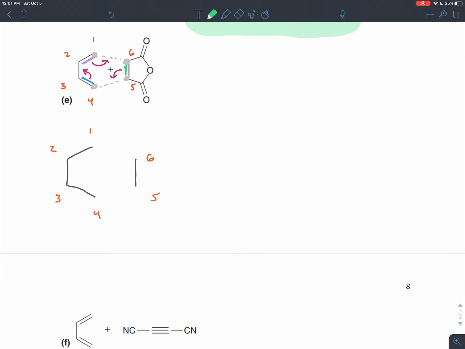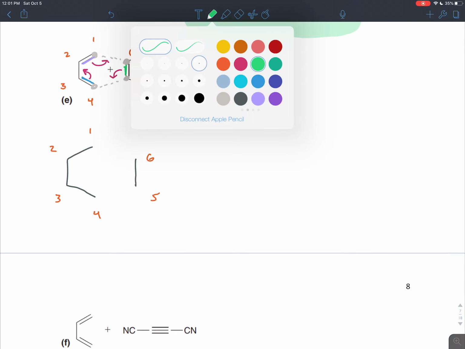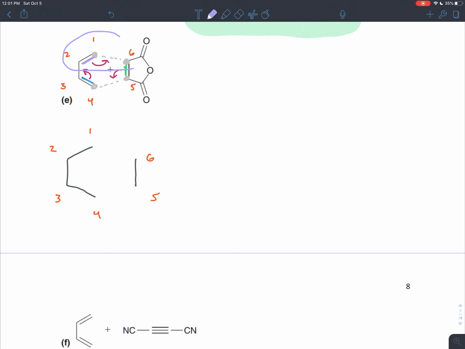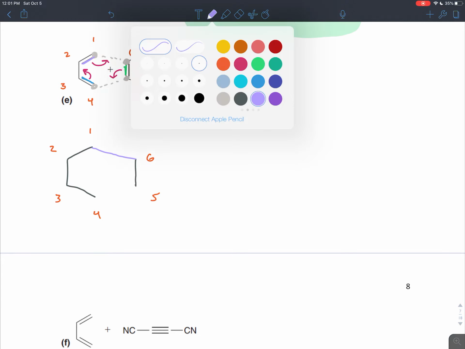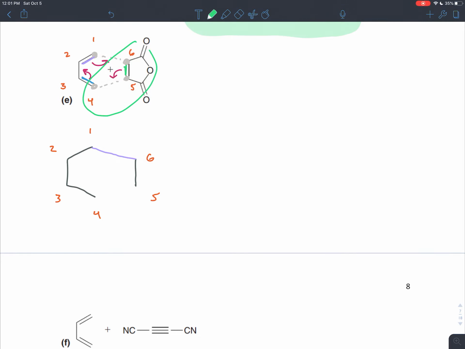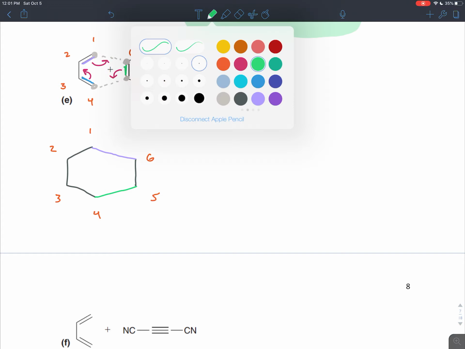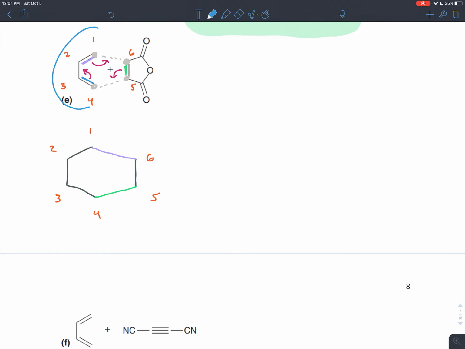So the purple pi electrons are going to go from being between carbon 1 and 2 to being between carbon 1 and 6. So those form that sigma bond there. The green electrons are going to go from being between carbons 5 and 6 to being between carbons 4 and 5. So they're going to form the second sigma bond here. And the blue electrons are going to go from being between carbons 3 and 4 to being between carbons 2 and 3. So they're going to form that new pi bond there.